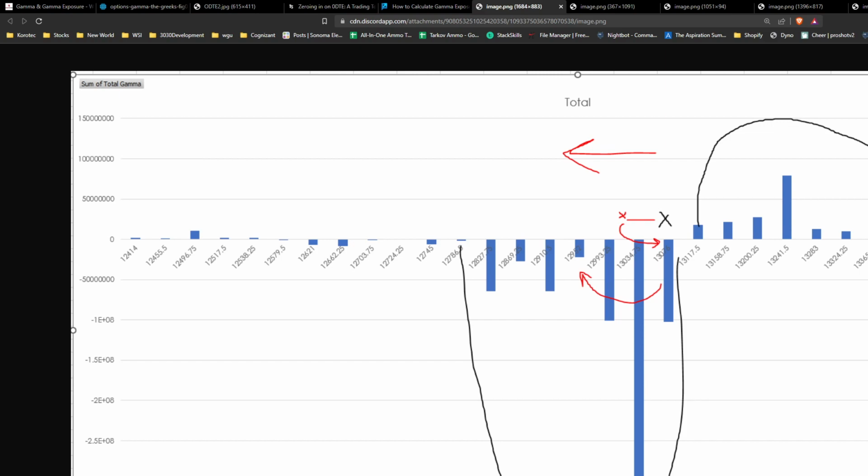And I don't want us to look at this as the high gamma strikes are the most important thing in the world, because they're not. I would look at this as potential bounce points, right? If we were able to move beyond that. So what we want to do at the start of all of these charts is to create our bell curves, right?